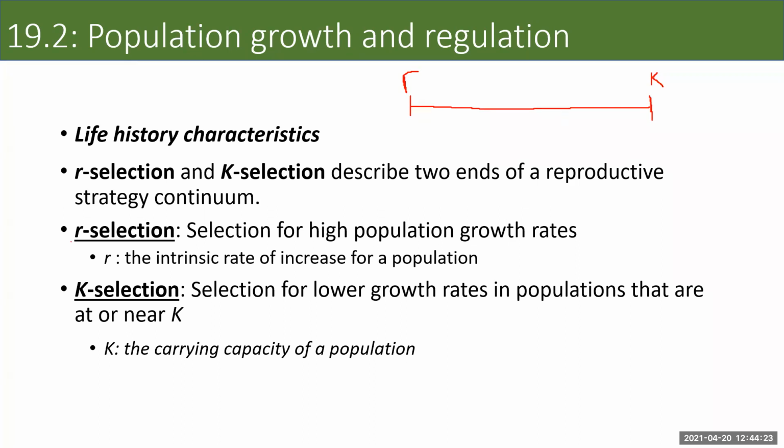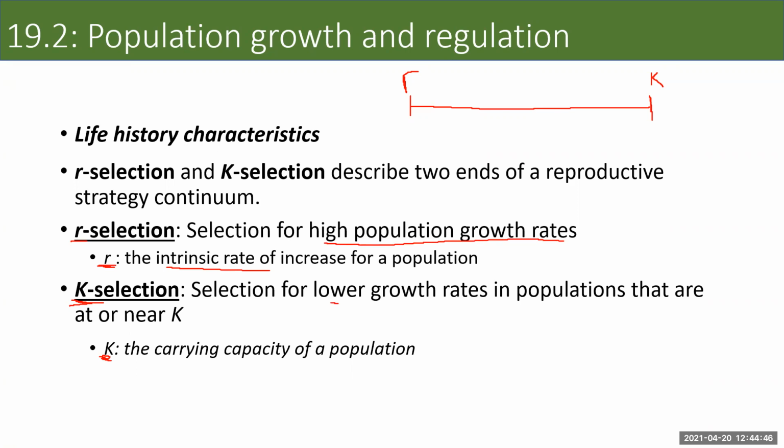Now, R selection is referring to the R variable that was in the population growth model, so that intrinsic rate of increase. K selection is referring to K in the carrying capacity of a population. So R selection, related to that intrinsic rate of increase, is selection for high population growth rates.